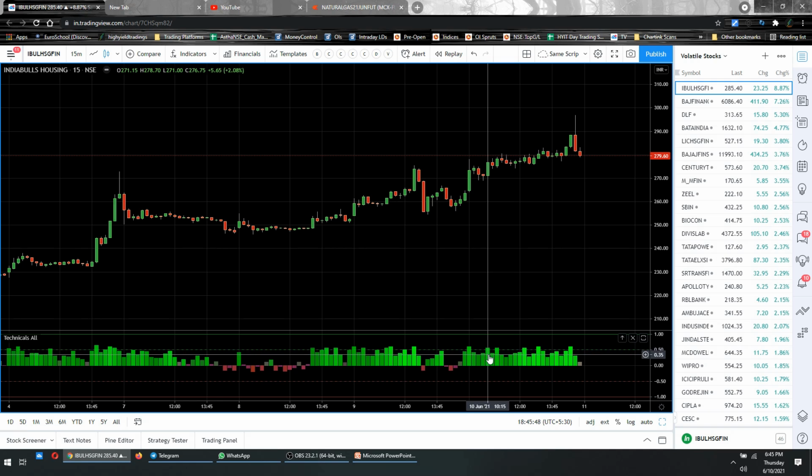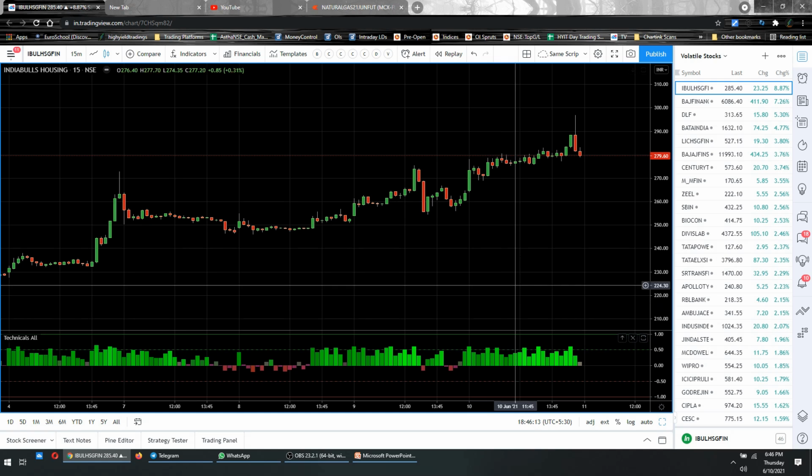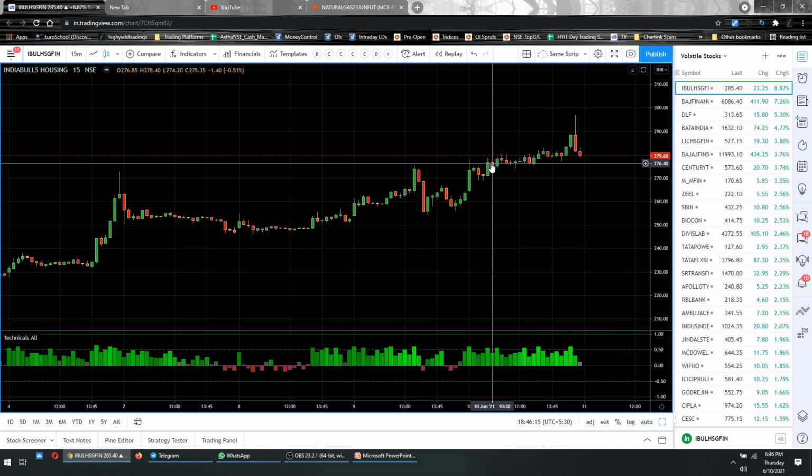You can see this clearly, right? So the 0.5 mark is here, and the 10:15 histogram has crossed that 0.5 mark and closed above it. So 10:15 is the candle where you can initiate a long position. If you would have initiated a long position, it went up.